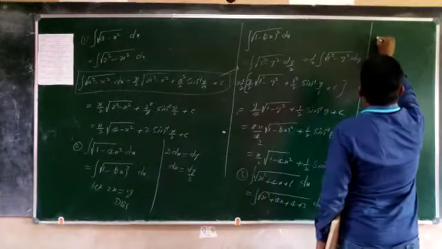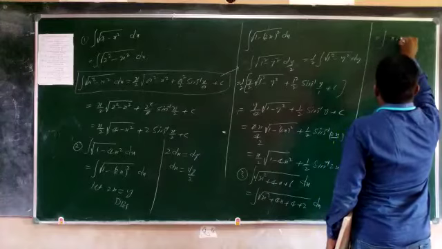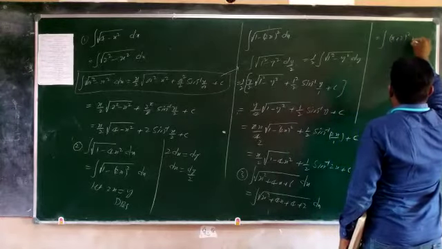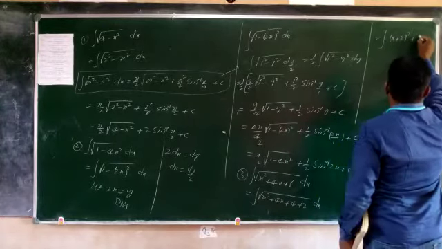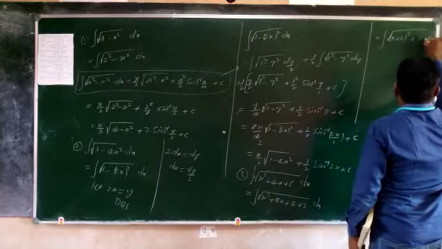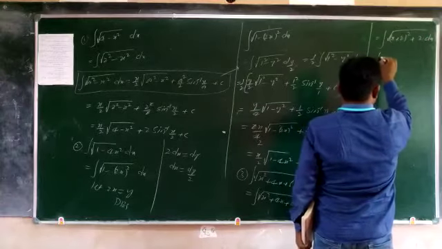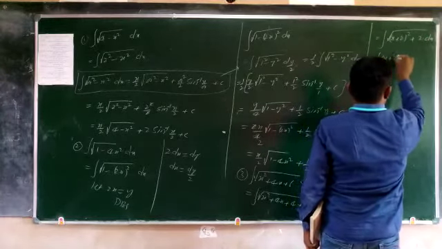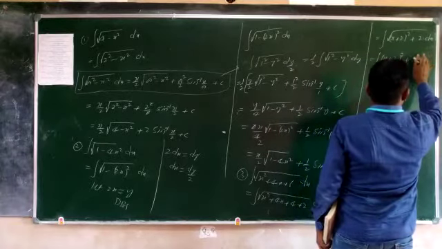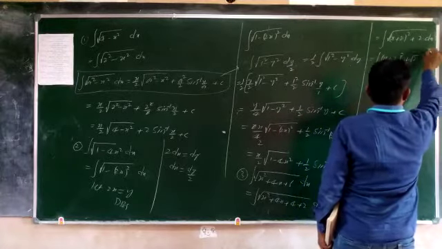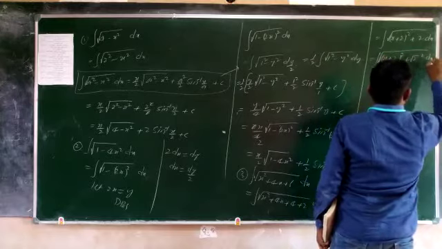So this is equal to the integration of square root of x plus 2 whole square plus root 2 whole square dx.